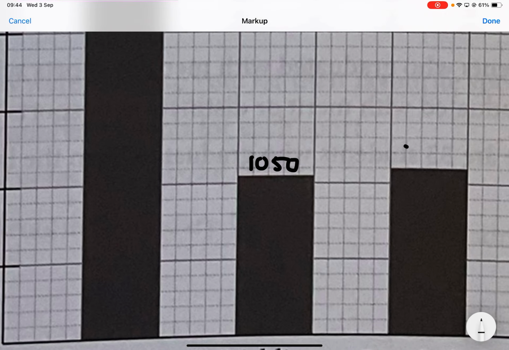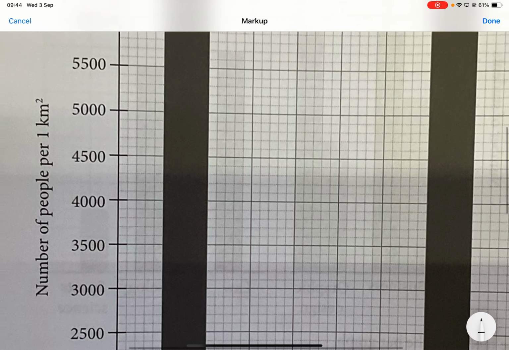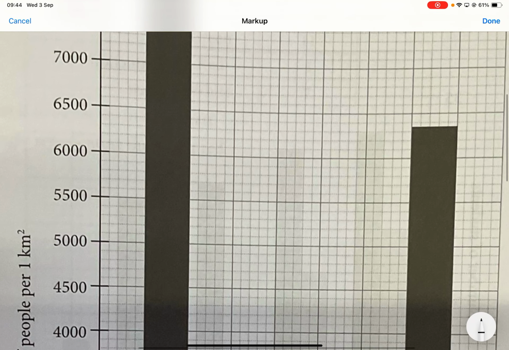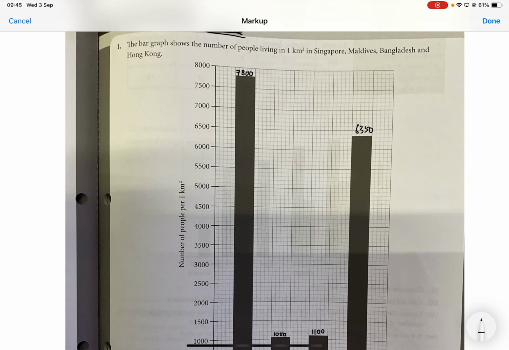So this one is 1,100. Then Hong Kong. 3.5. So 6,350. Okay? We go and write down first. I also don't know, I haven't read the question. But got some number there will be easier for us.